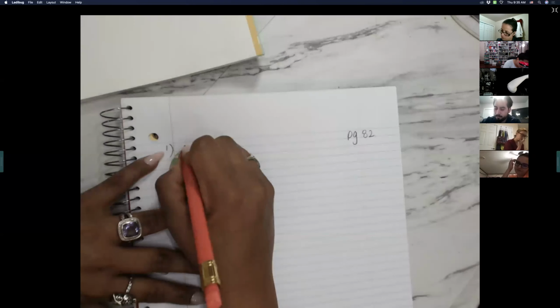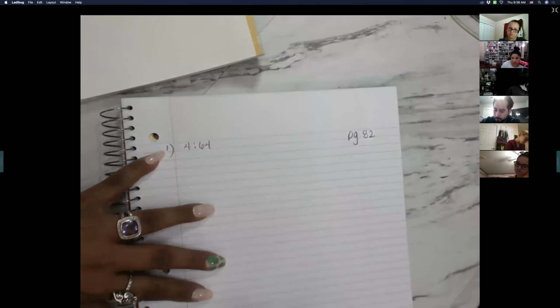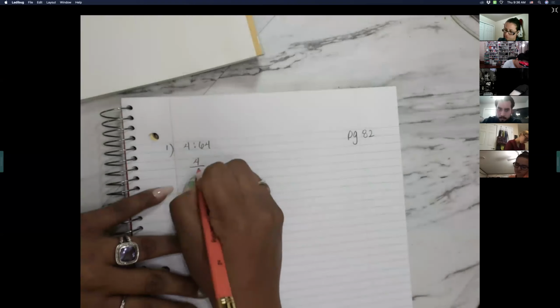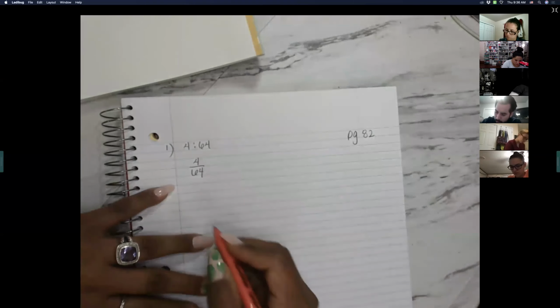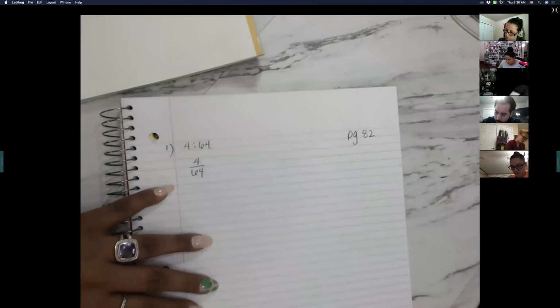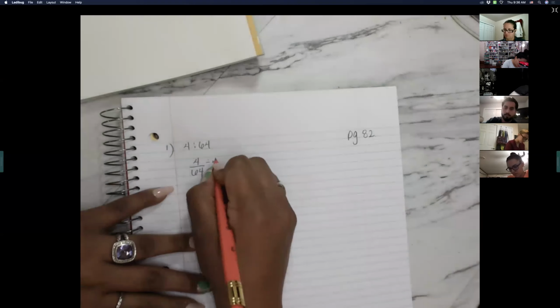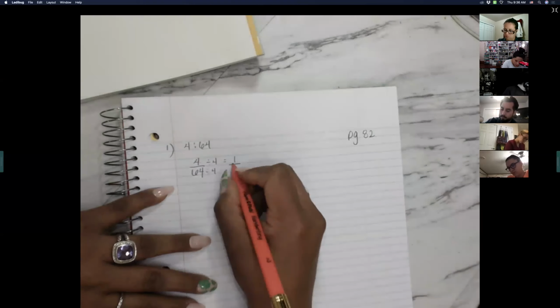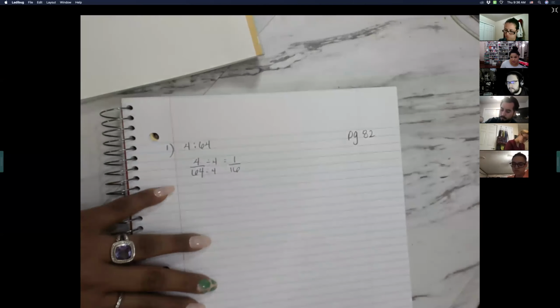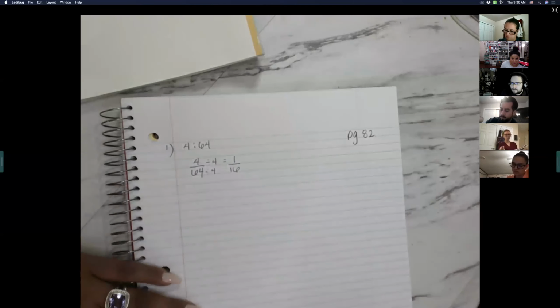The ratio is 4 to 64. All I do is make that into a fraction, 4 over 64, and I reduce. The largest I can reduce that by is going to be a 4, right? So 4 divided by 4 and 64 divided by 4 is 1 over 16. I can't reduce it anymore, so I'm done.